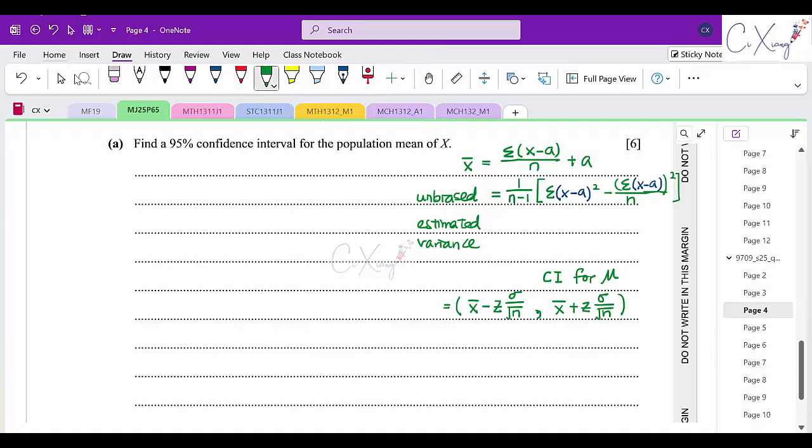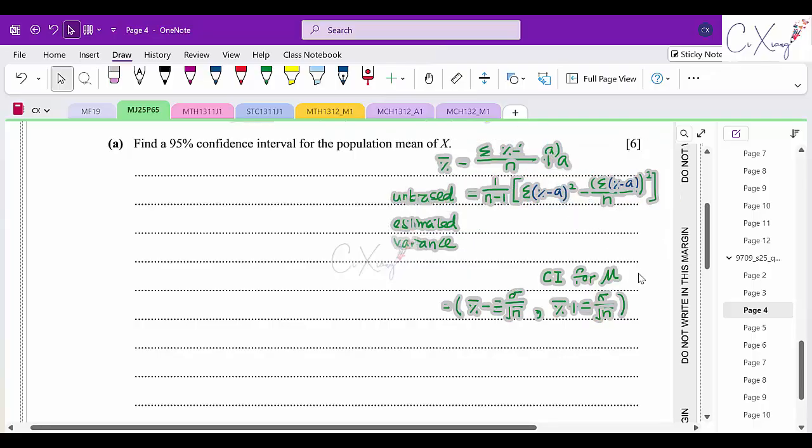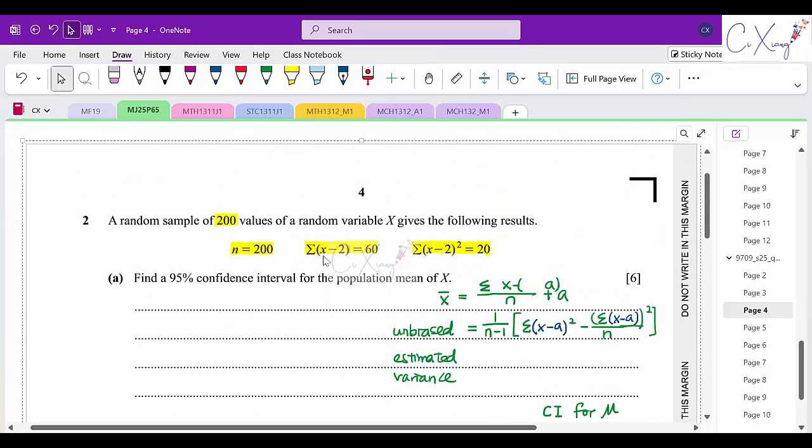Alright, then maybe some of you will ask why I can directly change the formula to become x minus a and still get the same answer for the variance or the estimated variance. The reason is that when you minus 2 from every single value of x, basically the original shape of the x is still the same. The spread is still the same.